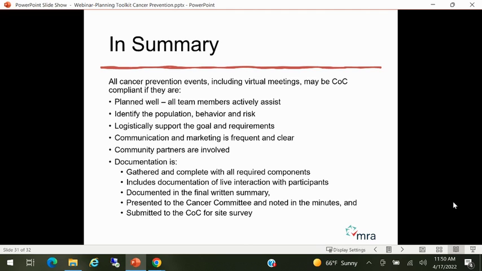For virtual events, include documentation of live interaction. Know who the participants were. Know how many registered, how many attended. Be able to summarize the outcomes of who your audience was and how that relates to your statement of your target population. Document it all in the final written summary.